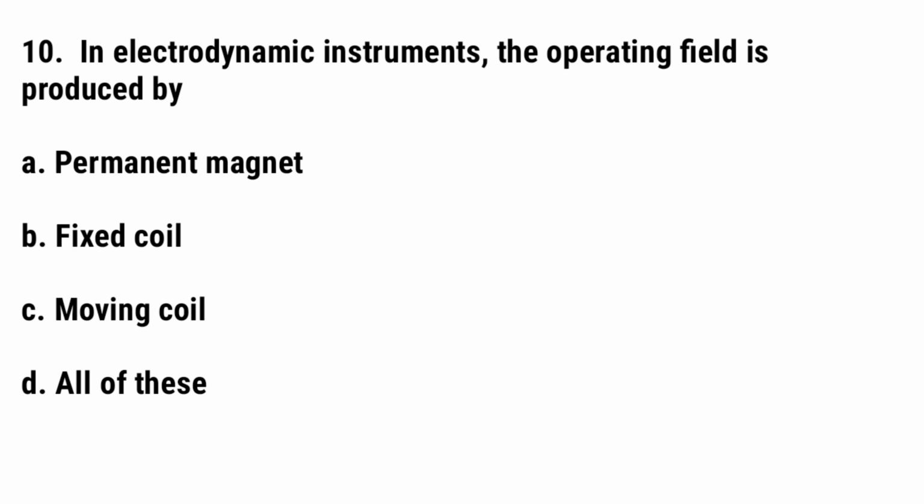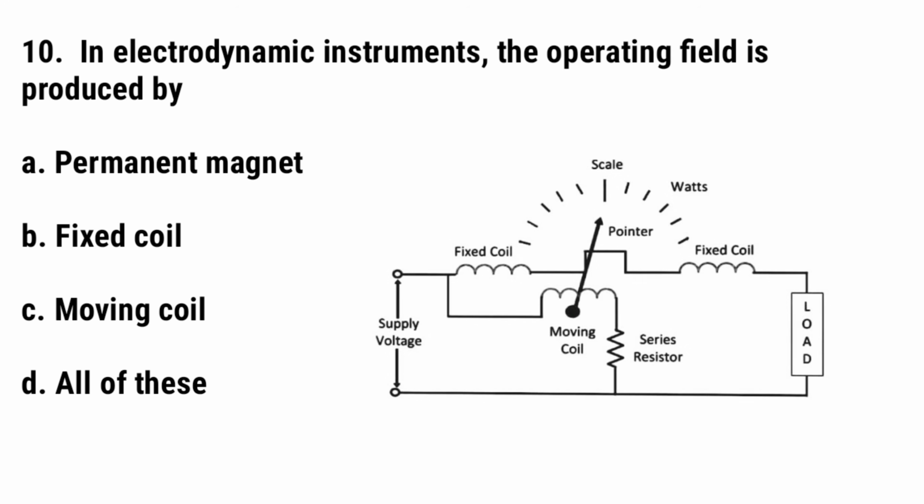The next one: in electrodynamic instruments, the operating field is produced by A permanent magnet, B fixed coil, C moving coil, D all of these. Electrodynamic instruments are electrodynamometer type instruments, which are provided with fixed and moving coils. There is no permanent magnet in electrodynamometer type instruments.